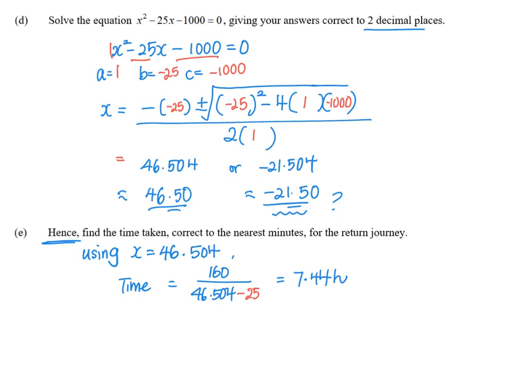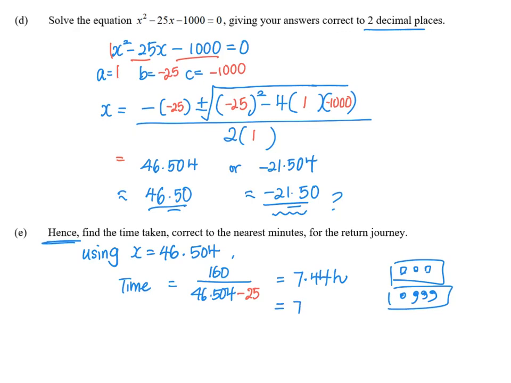But they want us to correct to the nearest minute. We can use the following button on your calculator. There's a time button here, or some of yours may look like something like that. You can use that to change your answers directly to hours and the nearest minute.